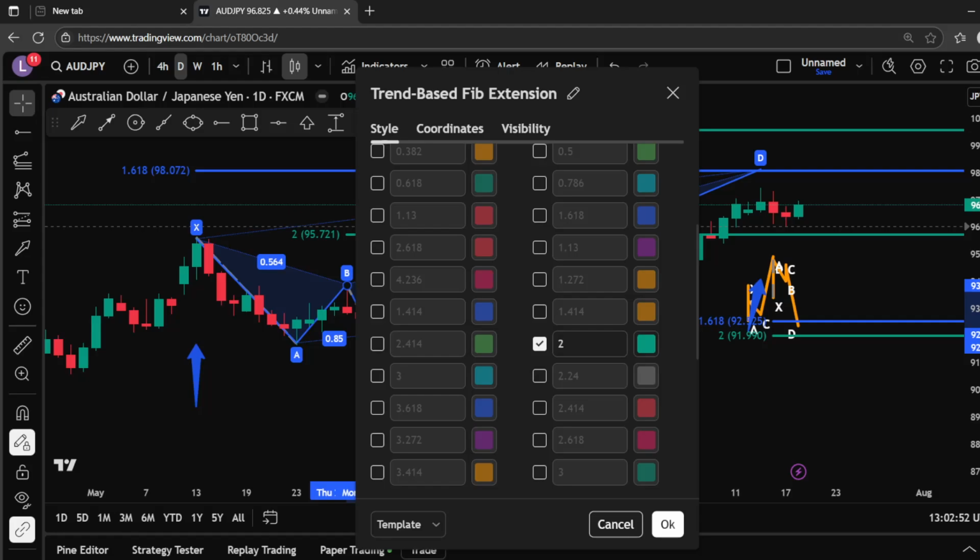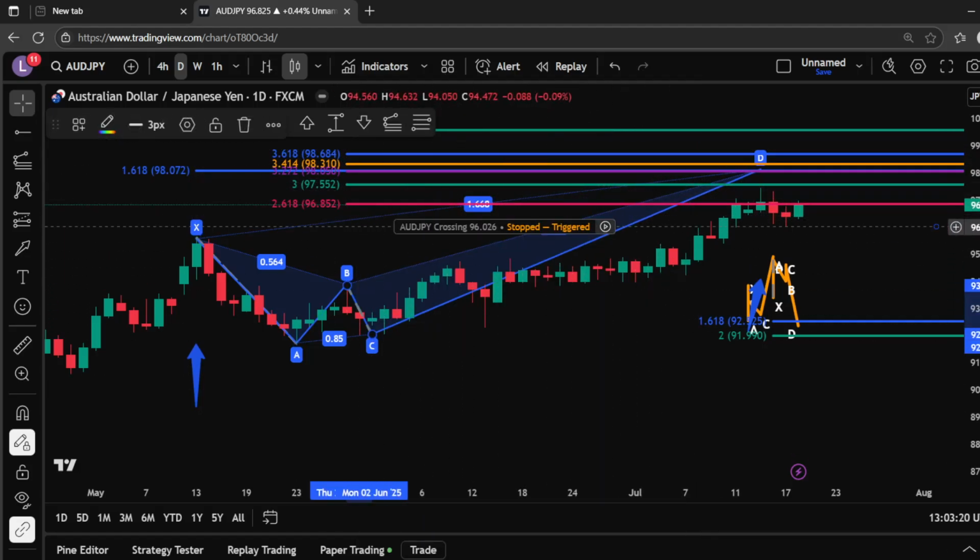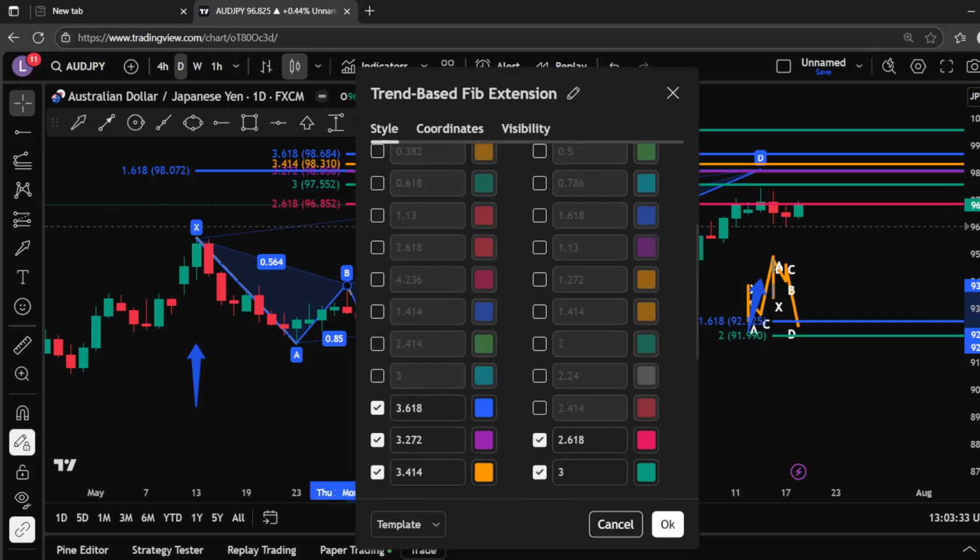We said we need 2.618, 3, 3.272, which comes before 3.414, just for your information, and then 3.618. So we need one of those numbers to align closely to the D completion at 1.618, and the number for this one is 3. So we get rid of all the other numbers and only leave the 3 there.